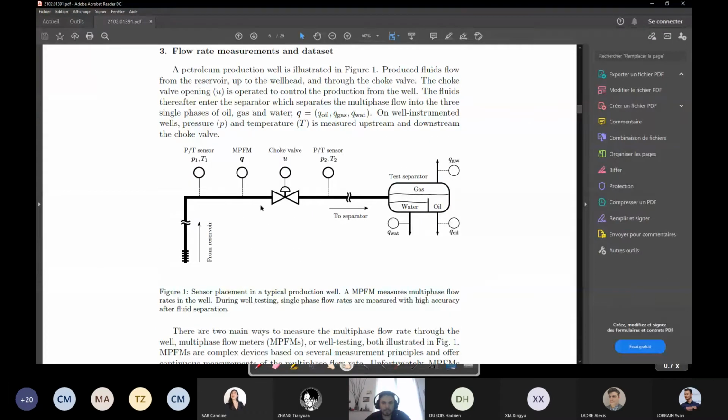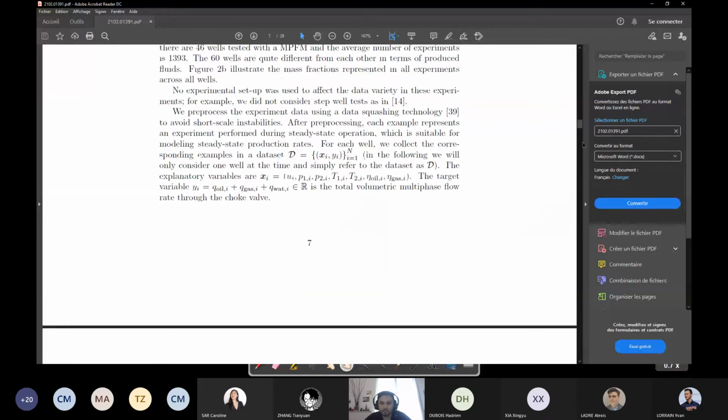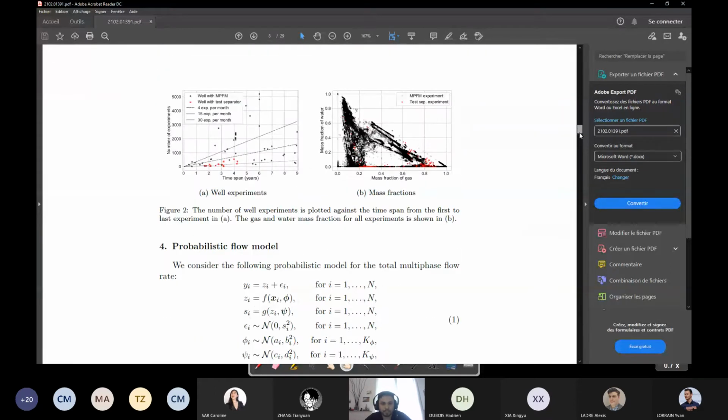Here you have flow rate measurements, different experiments, some data, a probabilistic flow model.